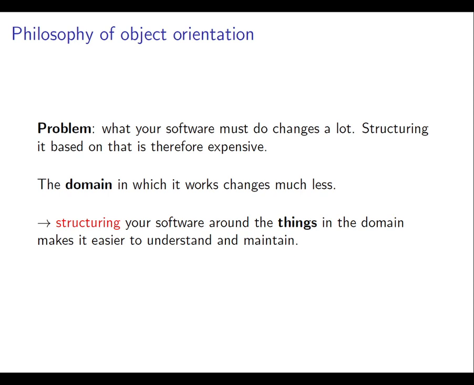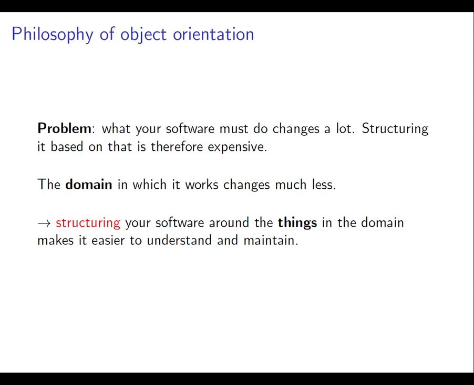Now the thing is, the details of what your software must do change a lot, but the actual domain in which your software works changes much less, because it's usually much more closely related to the real world or to the conceptual world of some client, but anyway to something which is rather more stable than the details of the requirements of what your software should do right now.